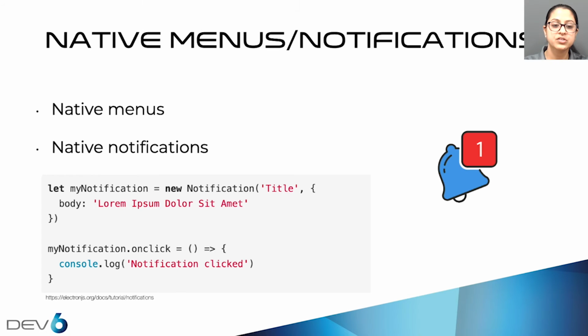And here we go to the next one. This feature is talking about native menus and notifications. That means when you are creating your desktop app, you have the power of creating native menus. That means it will have the look, feel, and sound of your native operating system where the app will be running. It comes with Electron, and Electron actually uses the HTML5 notification API in order to make it work.